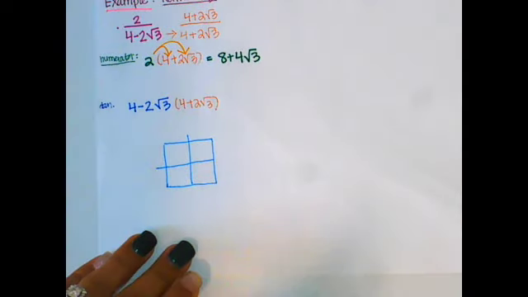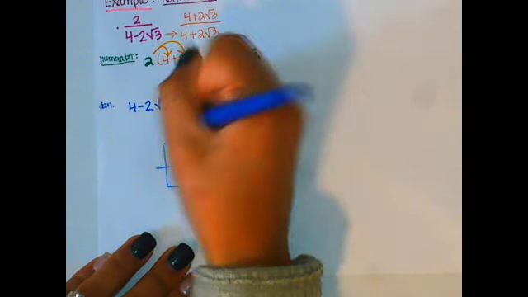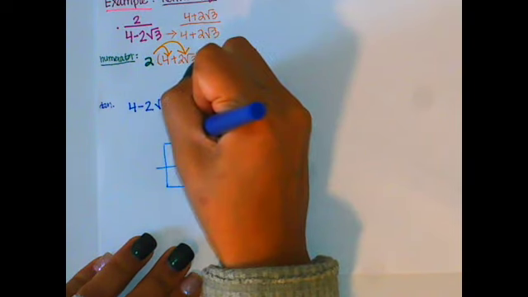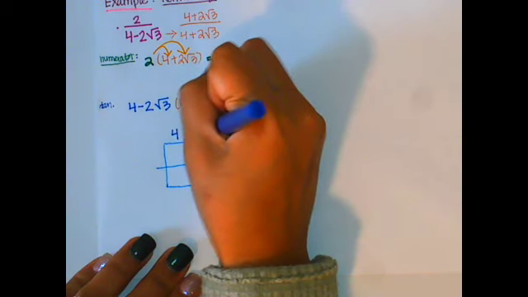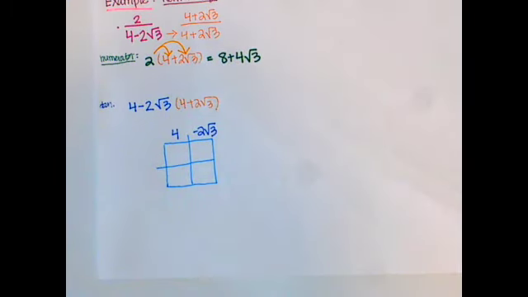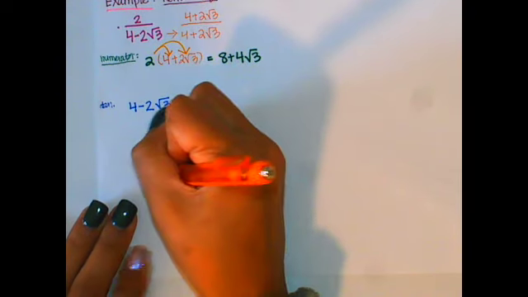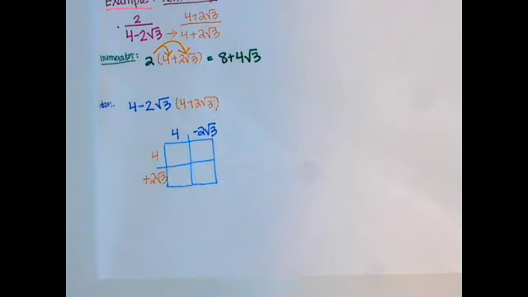And remember, it doesn't matter where you position them as long as you keep the binomial together, 4 minus 2 radical 3 and 4 plus 2 radical 3.